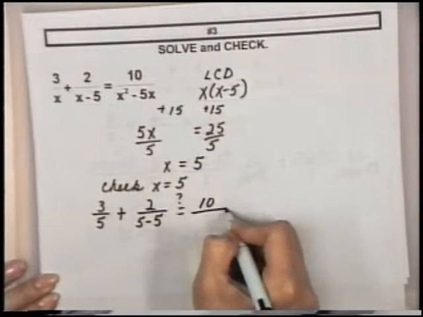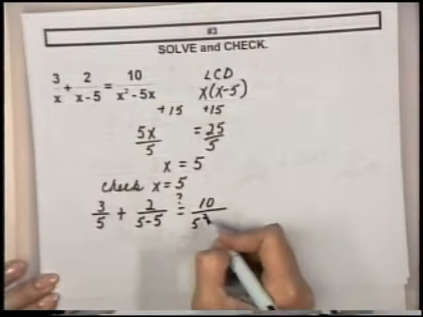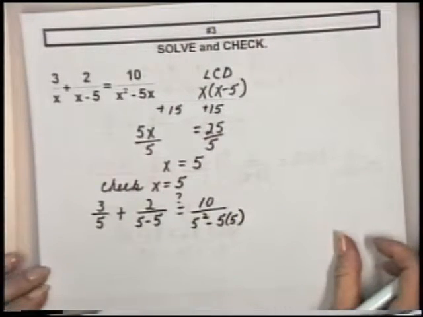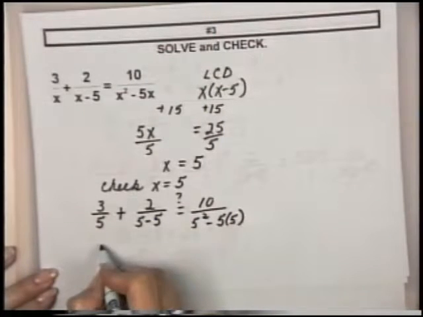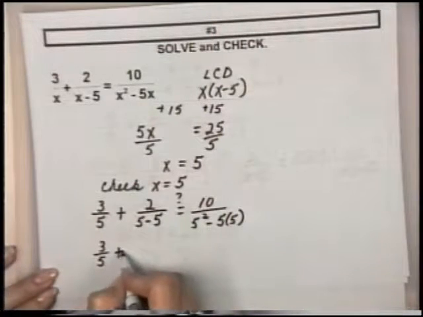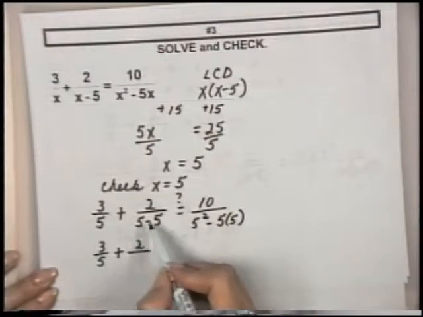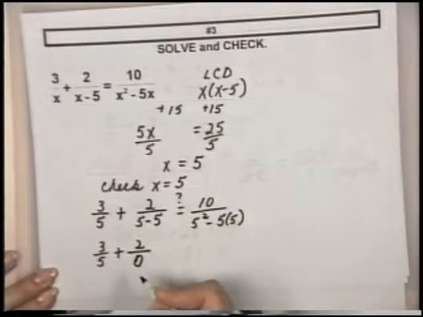Does that equal 10 over 5 squared, subtract 5 times 5? On the left I have 3 over 5 plus 2 divided by 5 subtract 5, which is 0.